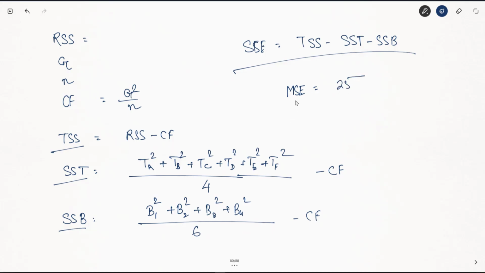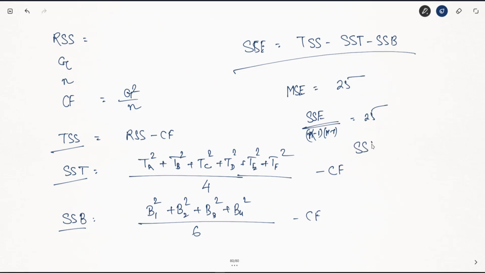So what is the formula for mean square error? It is sum of square due to error divided by degrees of freedom. Now what is the degrees of freedom? N minus 1, or you can say k minus 1, r minus 1, right, is equal to 25.